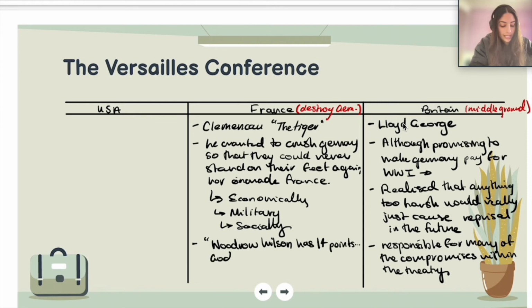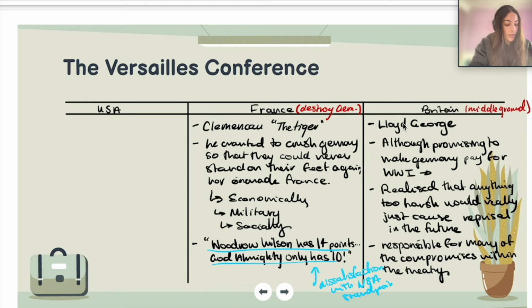God Almighty only has 10. And this is a really key quote to highlight Clemenceau's dissatisfaction with the USA's standpoint.